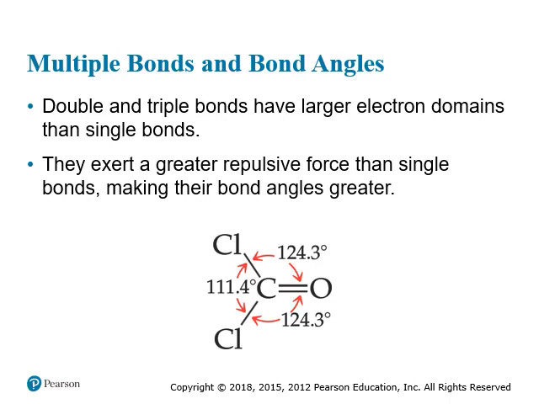So in the case of the COCl2 molecule listed here, we see that the carbon-oxygen double bond has more of an influence on the single bond CCl bonds. They're pressing down, they're repelling one another even harder, forcing the carbon chloride bonds to be closer to one another.